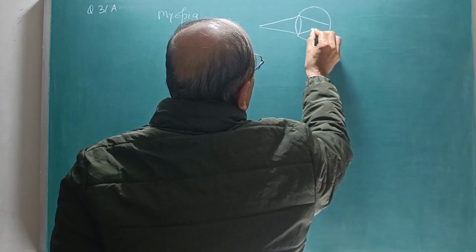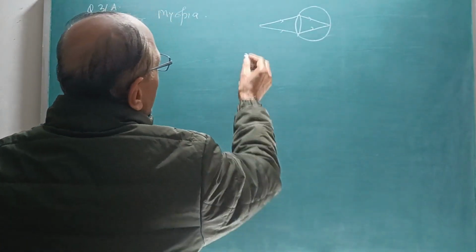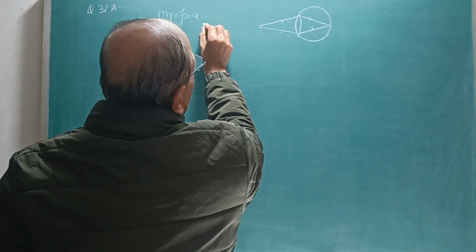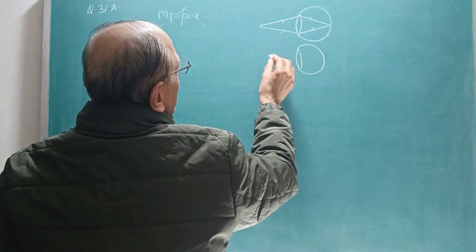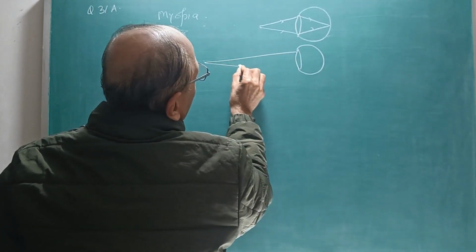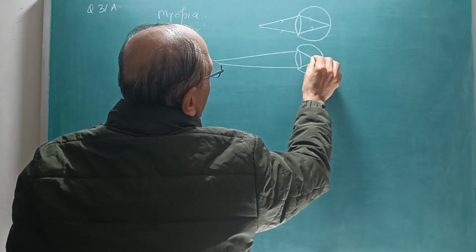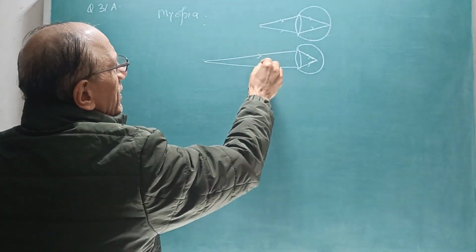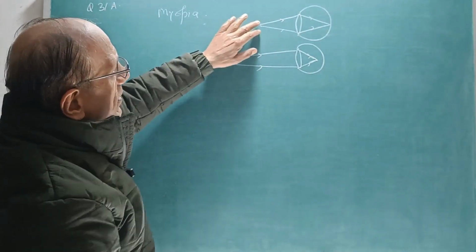So he can see these nearby objects, but cannot see distant objects. So the image is not formed at the retina.